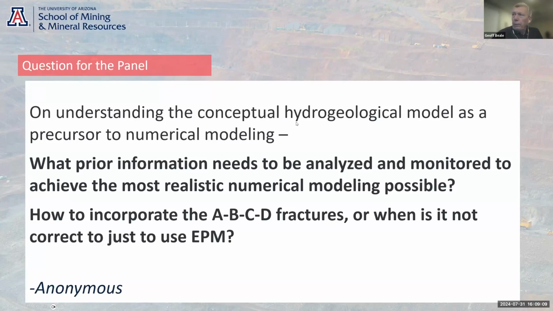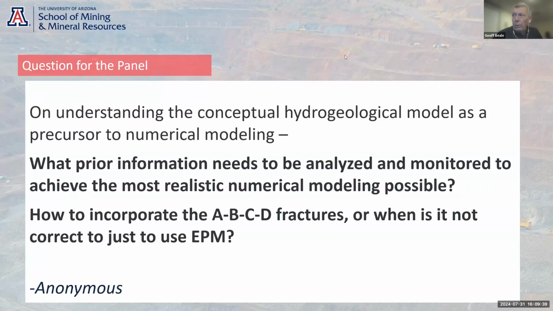So the ABCD fractures, it depends on the scale that you're looking at. Remember that we said in the course that the ABCD model could be on a scale of 10 meters, it could be on a scale of 100 meters. If it's on the scale of 10 meters, the models aren't really designed, or very few models are constructed with a grid size less than about 10 meters.